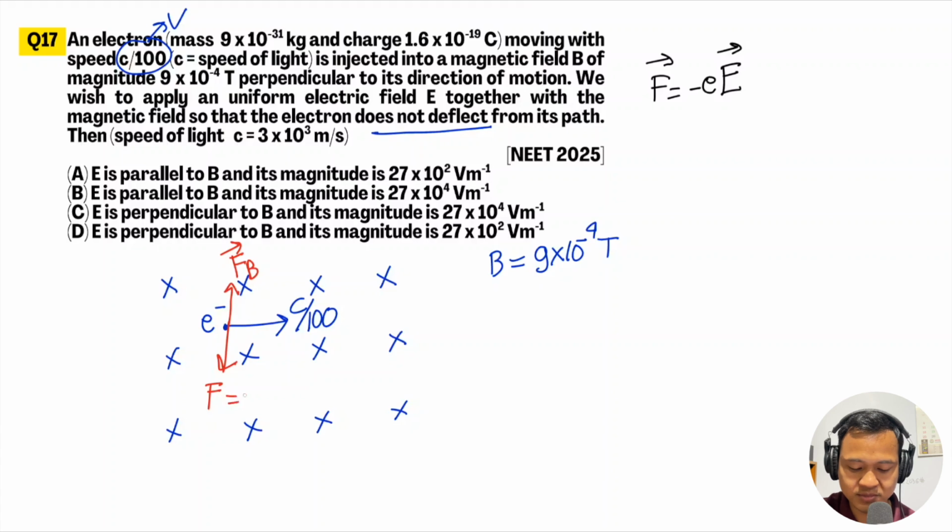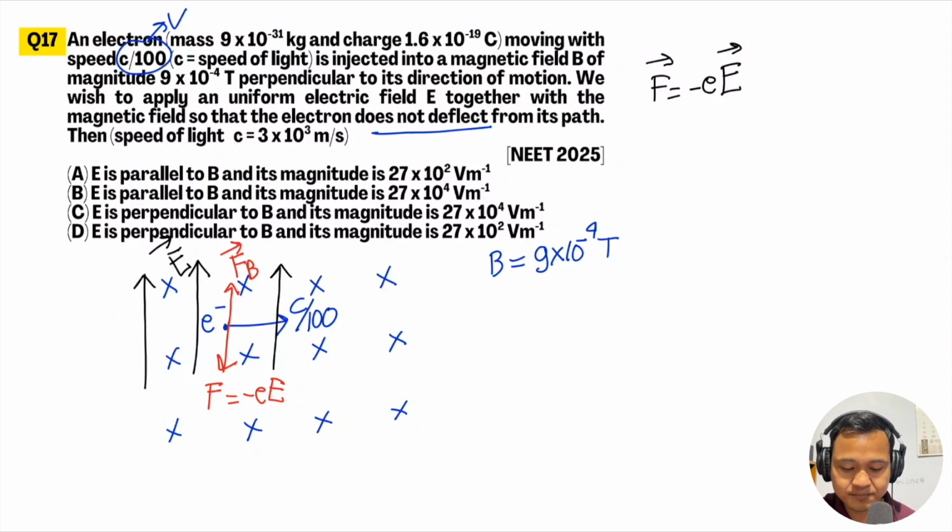So this should be minus e into E, meaning opposite to the electric field. So this is the electric field. E is perpendicular to B, so E parallel is wrong.